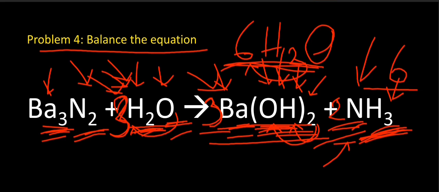And we had 3 times 1, 3 oxygen atoms on the reactant side, and on this side we had 6 times 1, 6 oxygen atoms, and in this side we had 3 times 2, 6 oxygen atoms on the product side too.